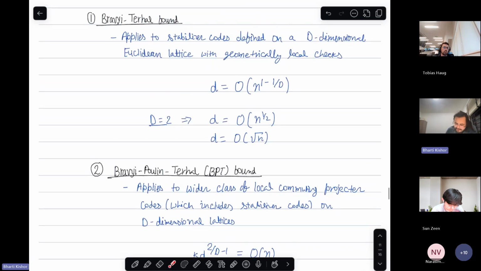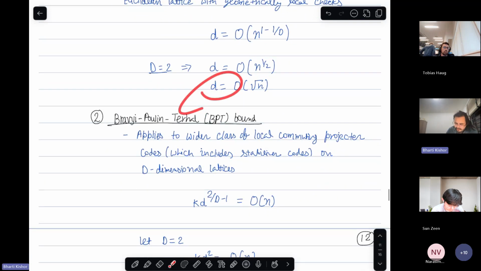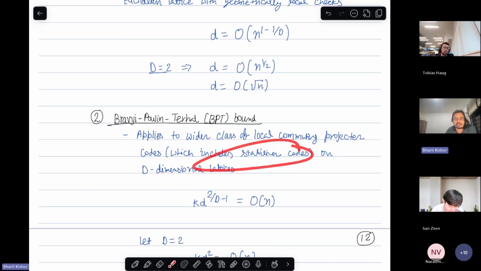But there is no encoding rate here. So later they also managed to put the encoding rate in. This bound, the Bravyi-Poulin-Terhal bound, applies to the wider class of local commuting projector codes. A stabilizer code is a special case of that, because there you definitely have local commuting projectors.